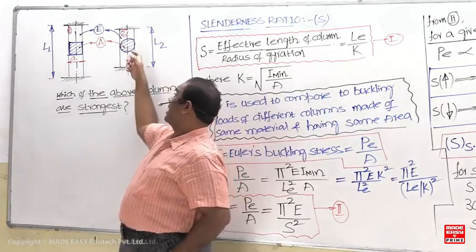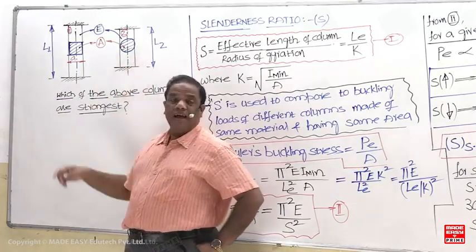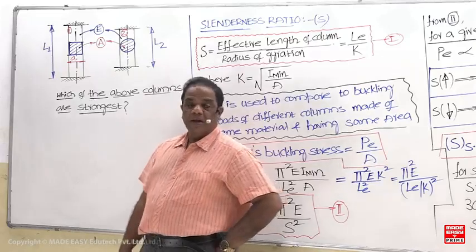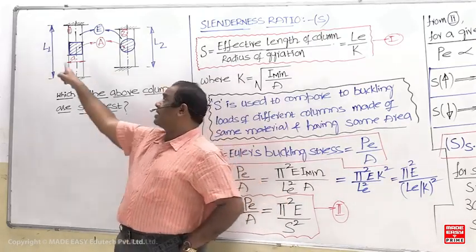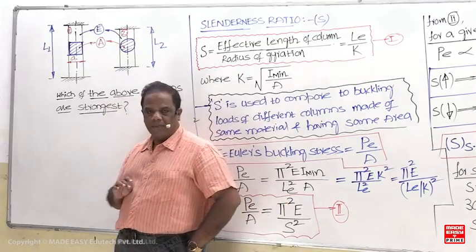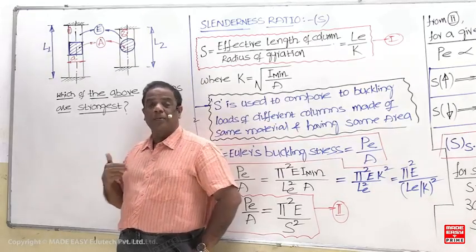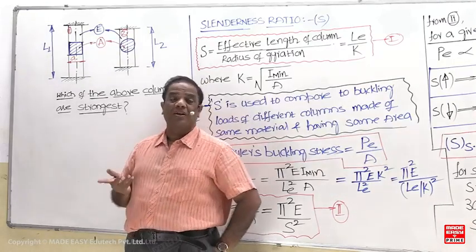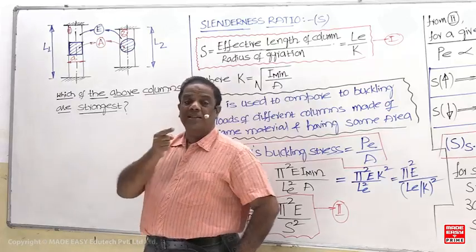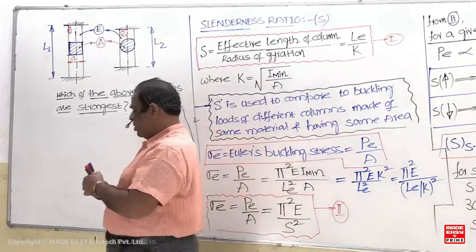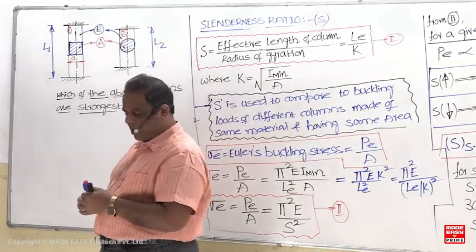So based upon the length, the second is the stronger one. So directly we cannot tell. If length were also the same, then the first column would be the strongest. But length is also different. Buckling load is directly proportional to moment of inertia and inversely proportional to L square if end conditions are the same. So here we cannot directly tell.